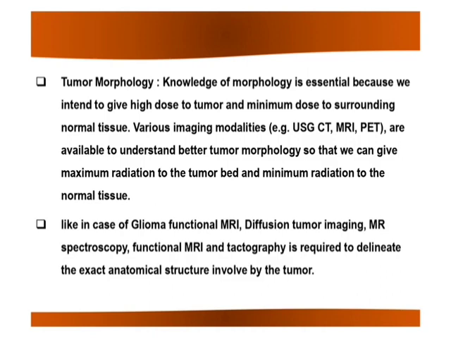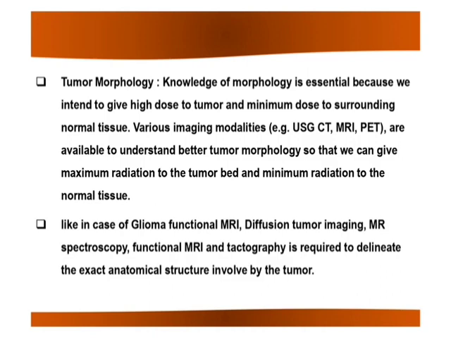MRI is somewhat superior to the CT scan, particularly in brain tumors like glioma. Functional MRI, diffusion tensor imaging, MRI spectroscopy, and tractography are required to delineate the exact anatomical structure involved by the tumor.